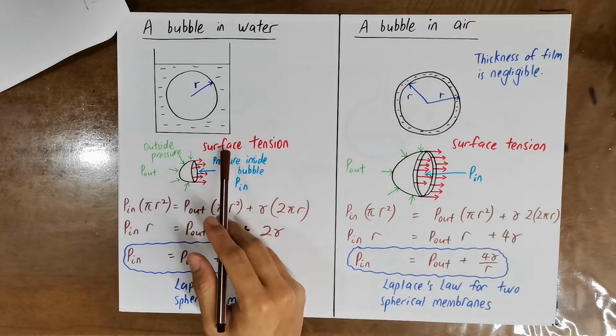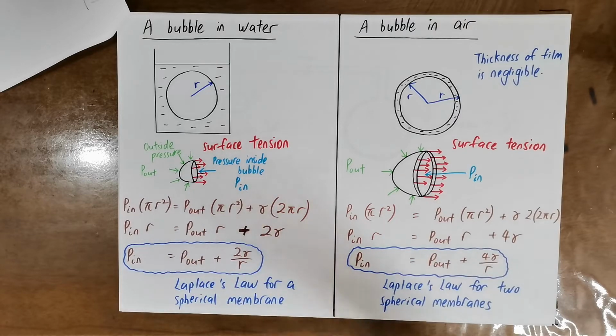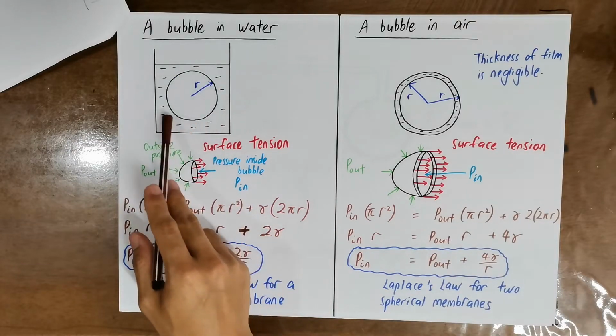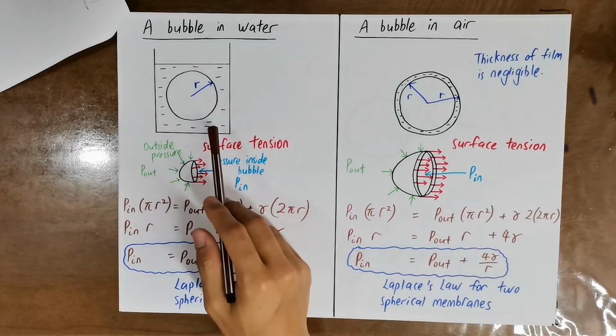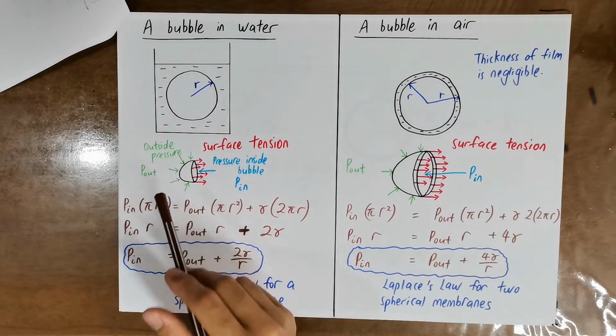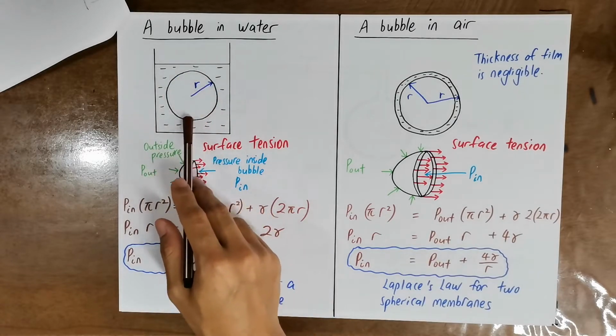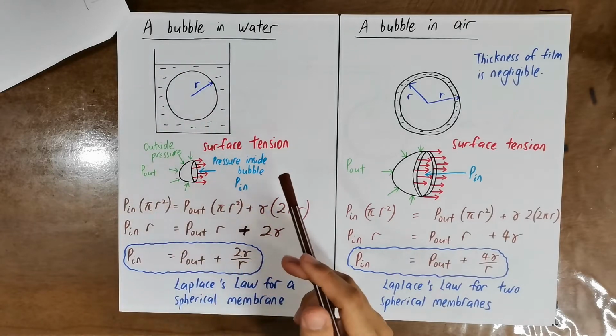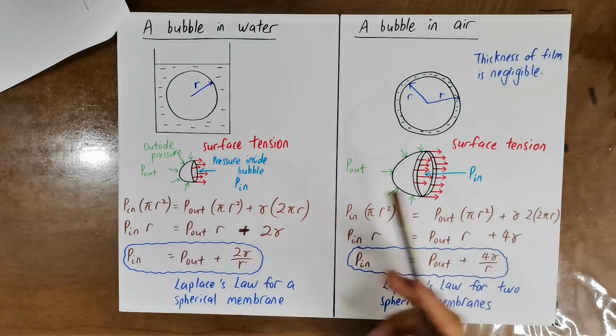Surface tension is the cohesive forces between the water molecules. The water molecules on the surface attract one another, and these hydrogen bondings of the water's surface are exactly the cohesive forces responsible for surface tension.